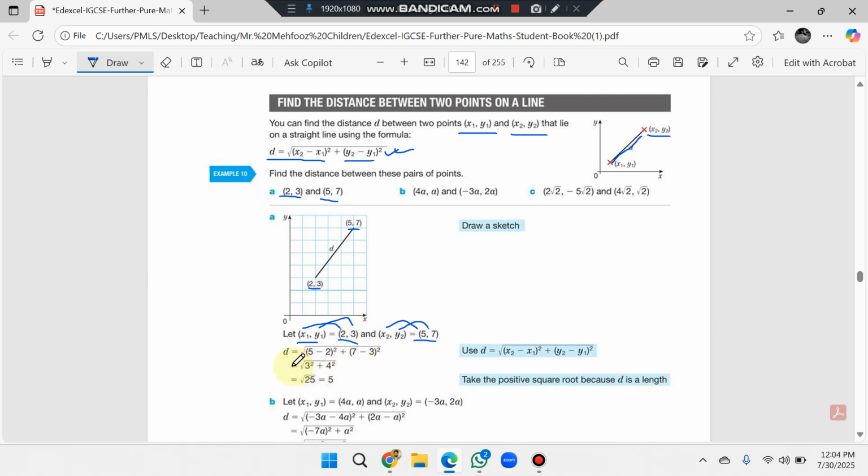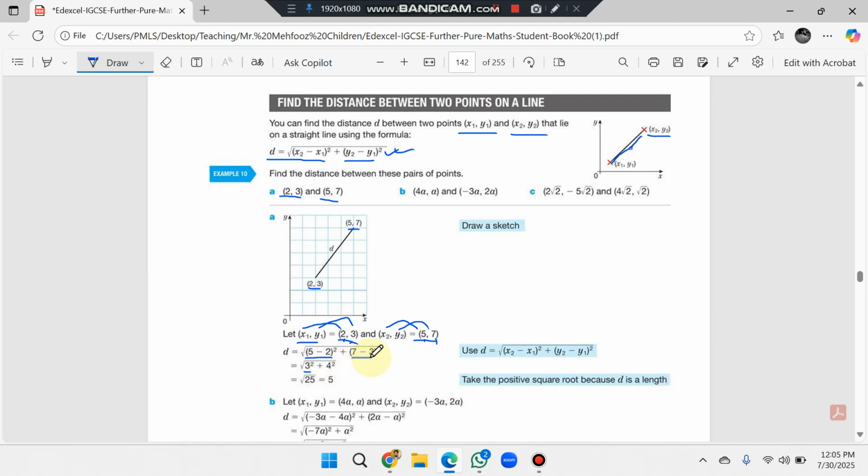It becomes d equals the square root of (5 minus 2) square, that is x2 minus x1, plus (7 minus 3) square, y2 minus y1. When we subtract these two terms, its answer will be 3 square.